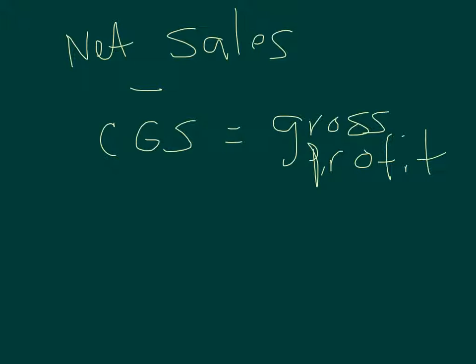Again, to review this calculation of gross profit, you're taking your net sales value, subtracting your cost of goods sold to determine your gross profit. This was the second portion of your income statement. We'll finish up by calculating our expense section.